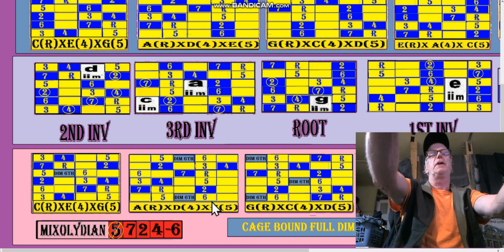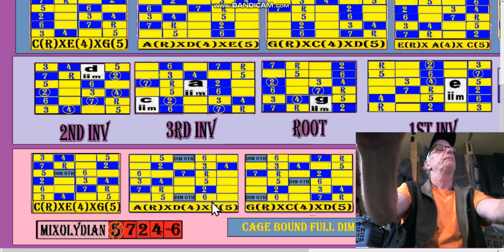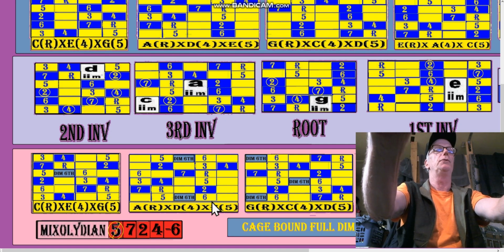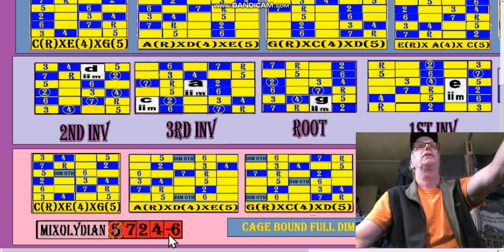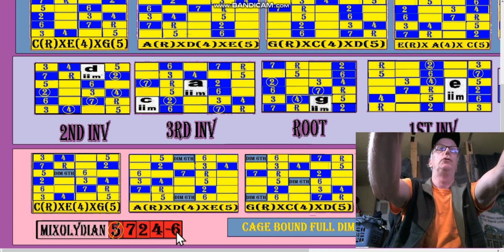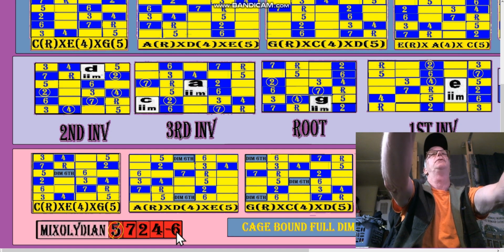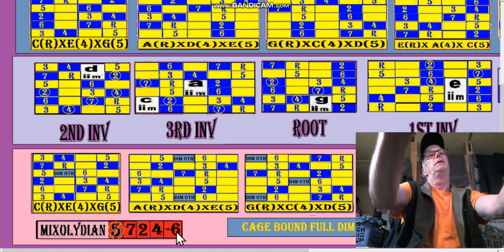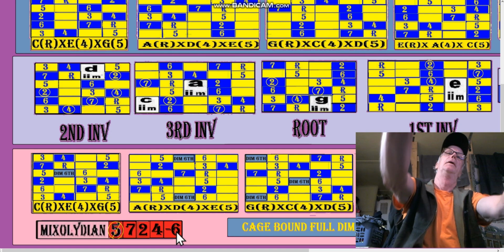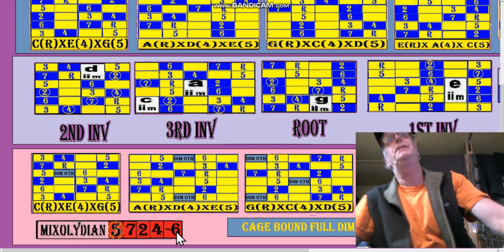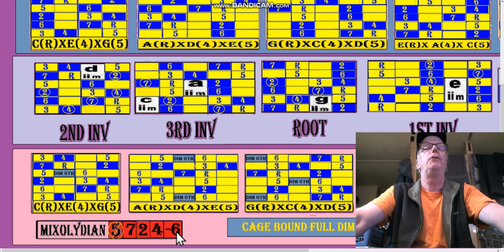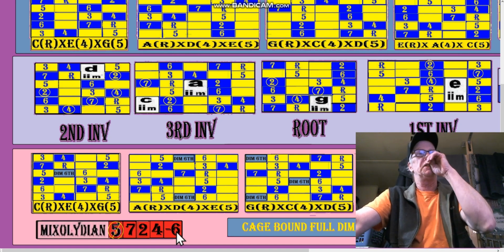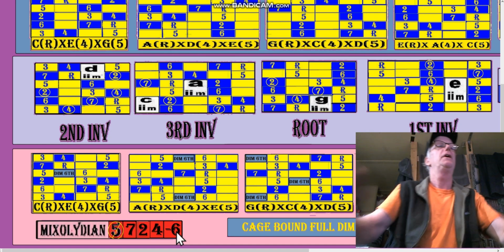You've got the 7th of the 7th, which is the 6th of the root. You're dropping it down, so you're going 6 of the root in root language, and then you just go to the root. It's just a little substitution you can do. But for whatever reason you would want to use a full diminished, it certainly is a substitution for the 5th.